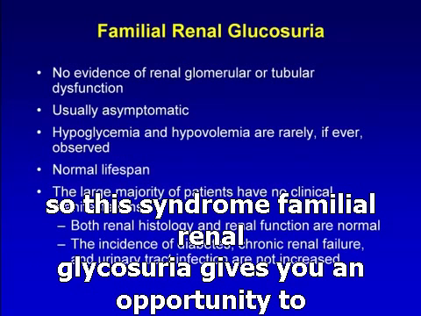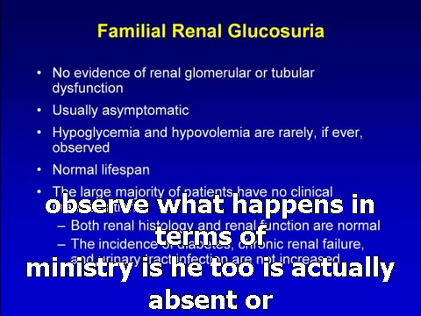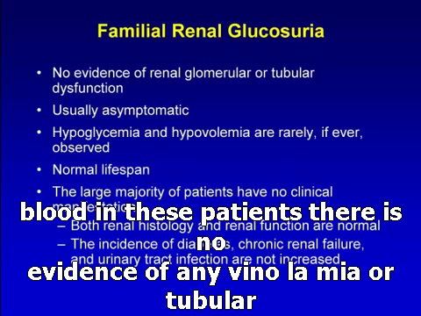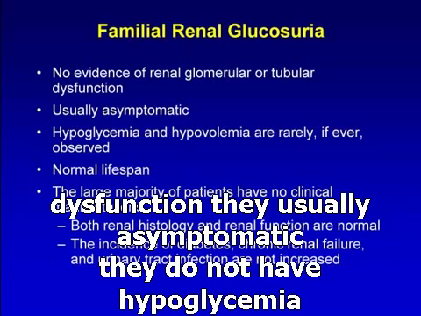So this syndrome, familial renal glucosuria, gives us an opportunity to observe what happens when SGLT2 is actually absent or blocked. In these patients, there is no evidence of any renal glomerular or tubular dysfunction. They're usually asymptomatic.